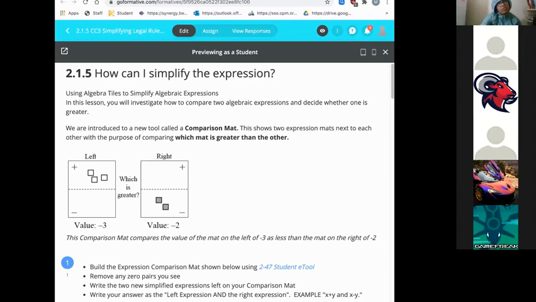Missing answers from a lot of folks. So I have people saying the right one, people saying the left one, people saying -2, -3.